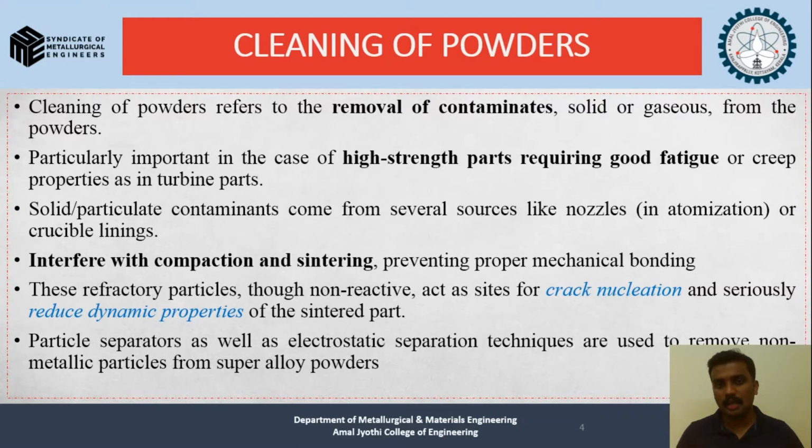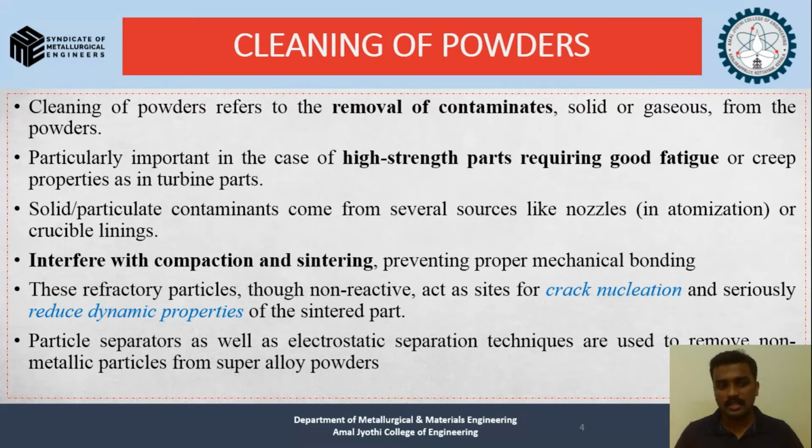For high end applications like turbine blades, the final product should have a specific property, so in order to enhance that property we have to make sure that we are using a high grade powder. High strength parts require very good quality powders, because we have to avoid fatigue as well as creep.